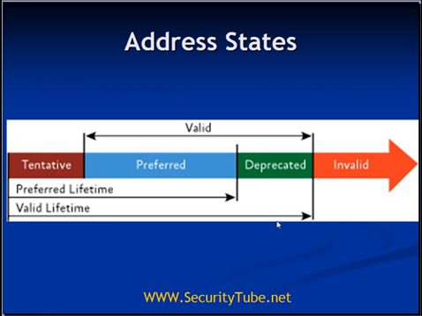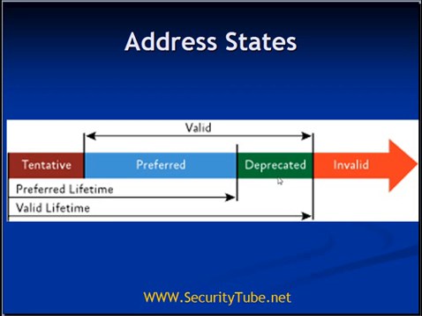The third state is deprecated state. In deprecated state, the address is still valid but it is discouraged for any new communication. Whatever communication is already taking place, for those sessions the same address can be used for transmission as well as reception, but for any new communication or for establishing any new sessions, the deprecated address will not be used.